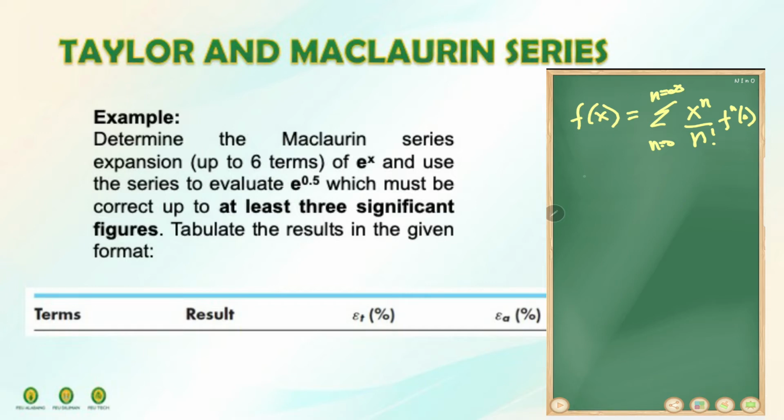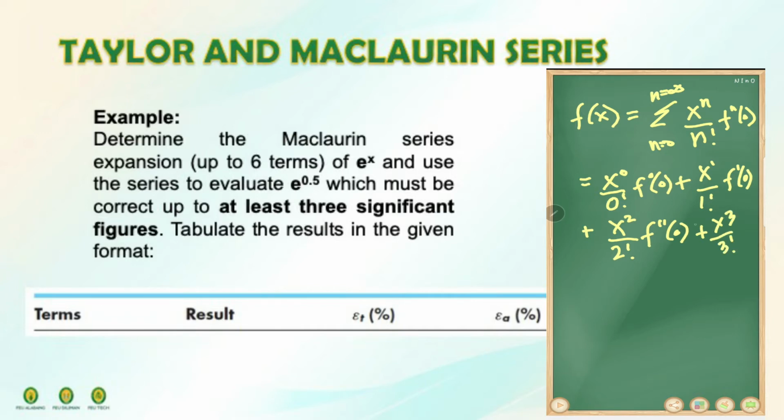To expand that, this is equal to x raised to the 0 power over 0 factorial f of 0, plus x raised to the 1 over 1 factorial f prime of 0, plus x raised to the second power over 2 factorial times the second derivative at 0, plus x raised to the third power over 3 factorial multiplied by f to the third power of 0, plus and so on and so forth.